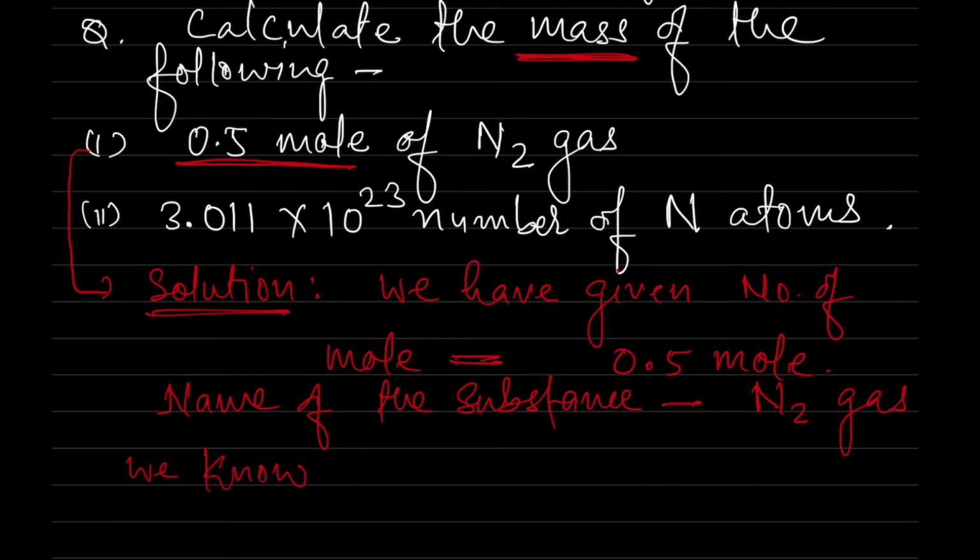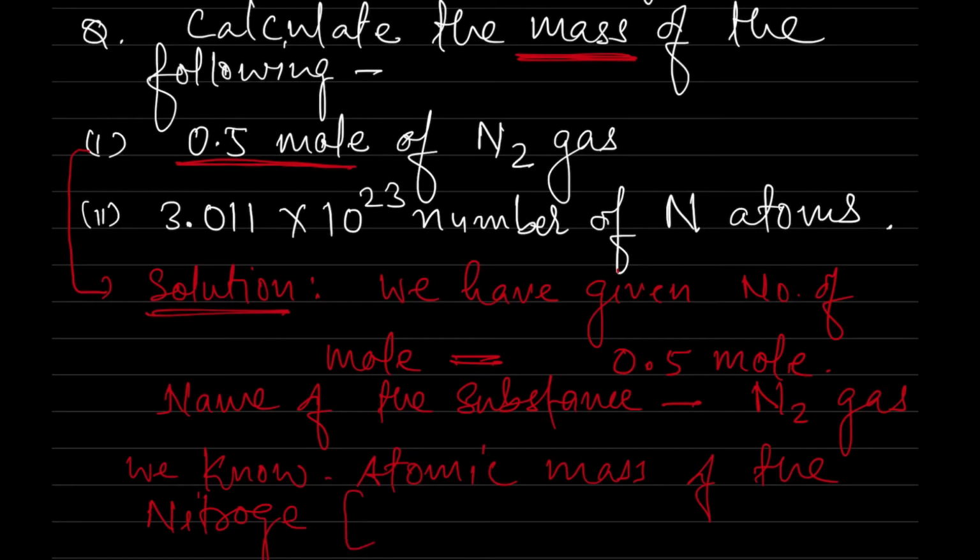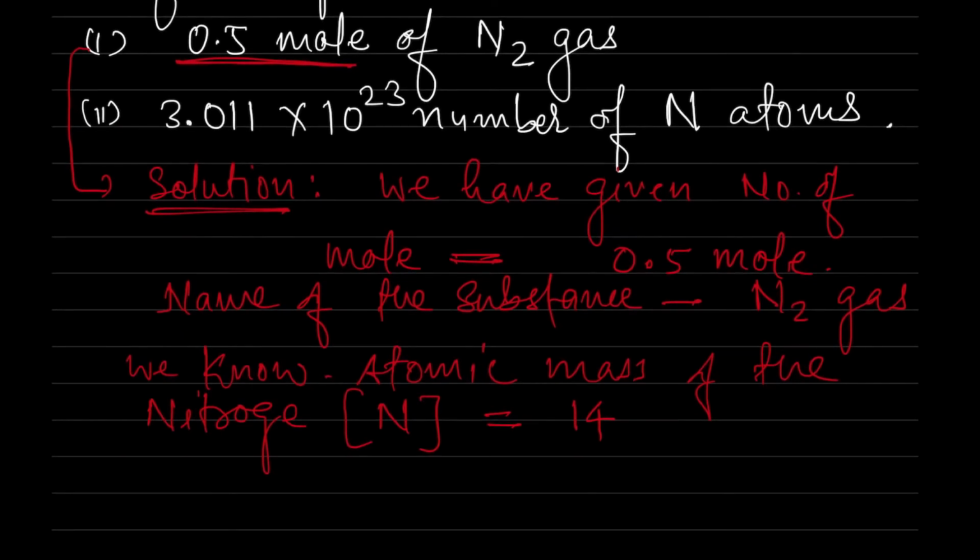that atomic mass of the nitrogen, that is N, is equal to 14. So the mass of the nitrogen atom is 14, and here it's given as a molecular form, nitrogen gas.